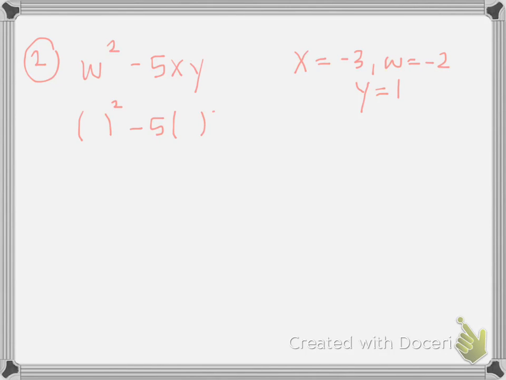It means multiplication. Okay, so I've got a w, so I'm going to say negative 2 squared minus 5 times x, which is a negative 3, times a y, which is a 1. So negative 2 squared is a 4. Negative 5 times negative 3 is a positive 15. So 4 plus a 15 is going to leave me with a 19.